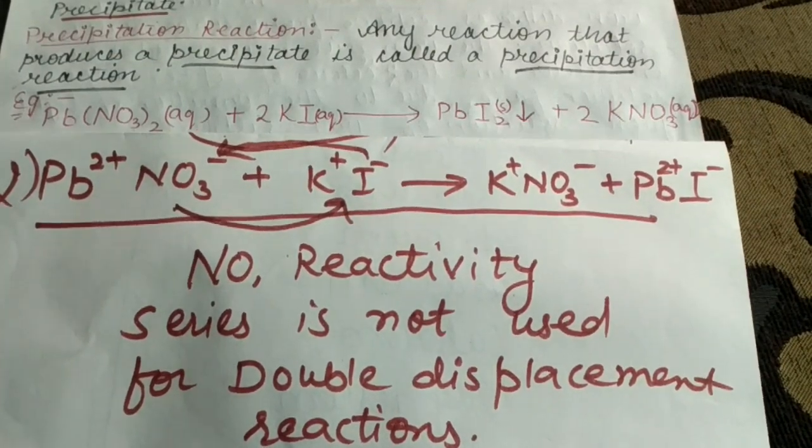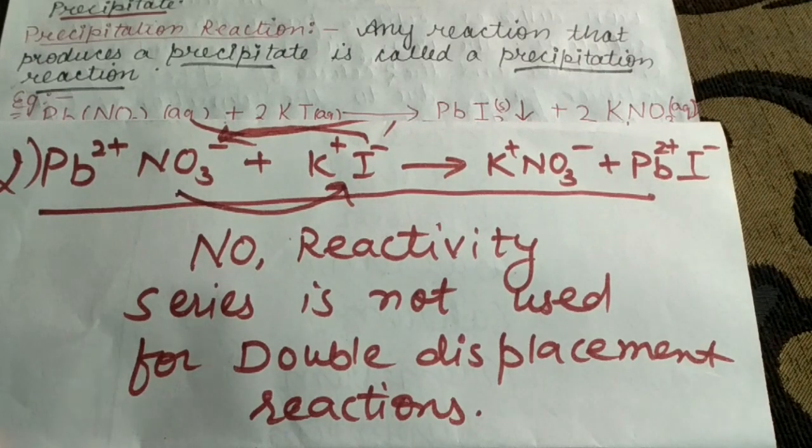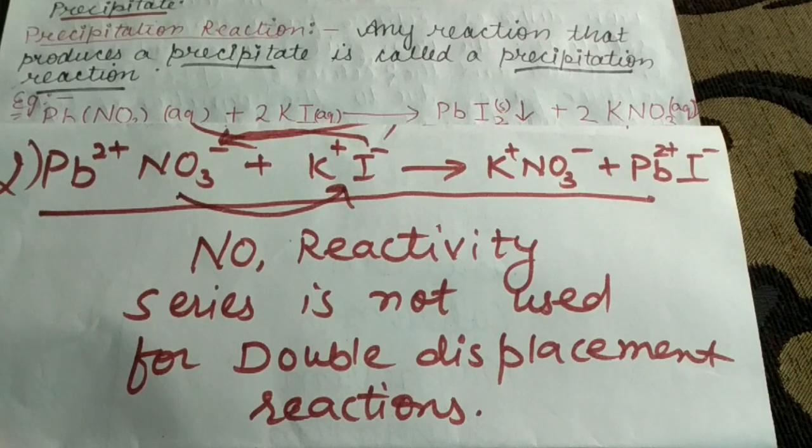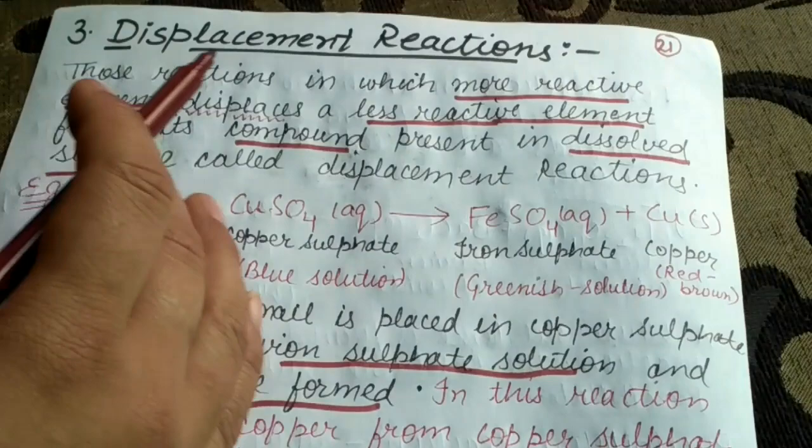But one thing more to know, that in the double displacement reactions, no reactivity series is used. The reactivity series is only used for the single displacement reactions, the displacement reactions which we have discussed.